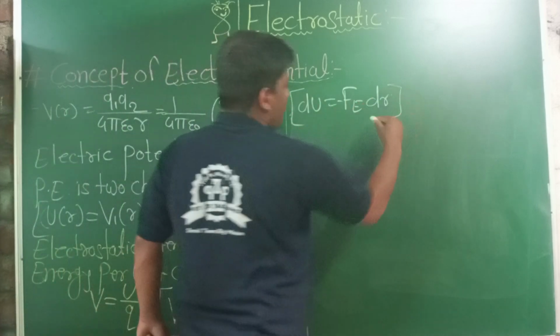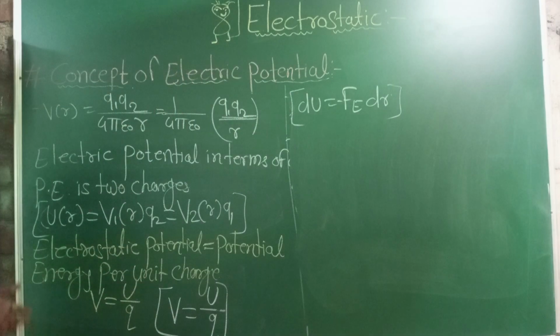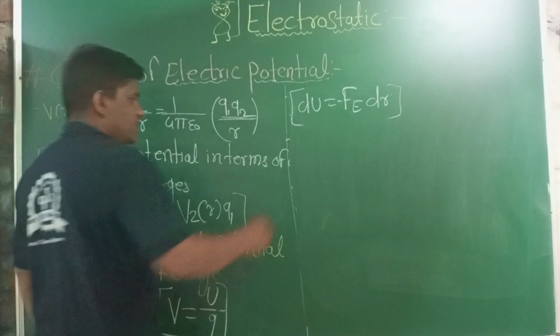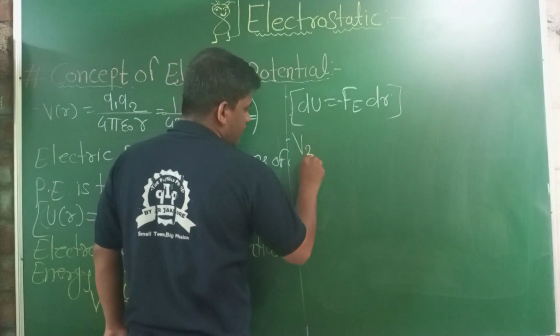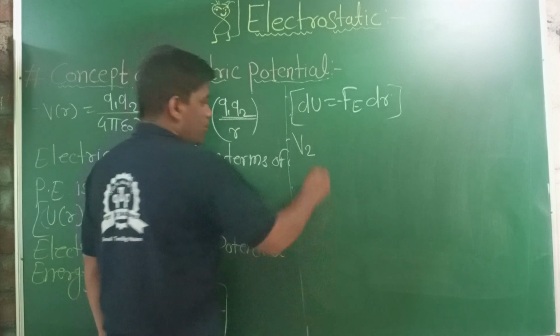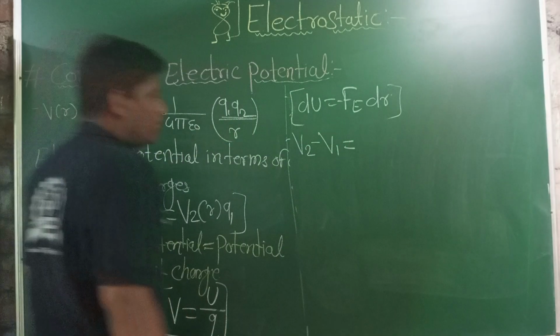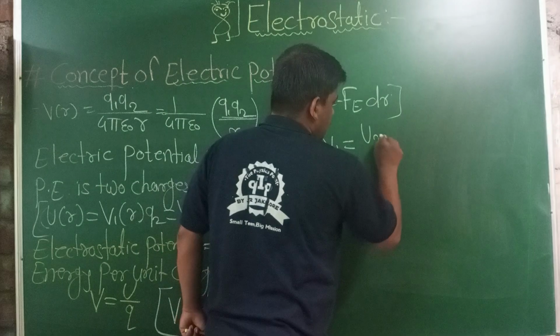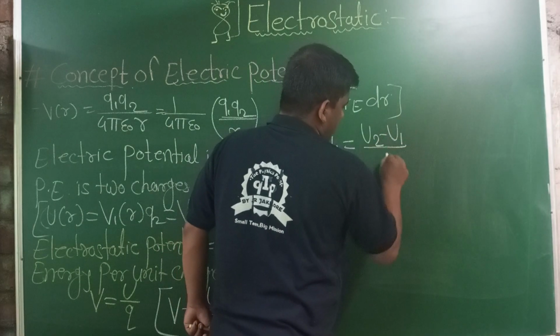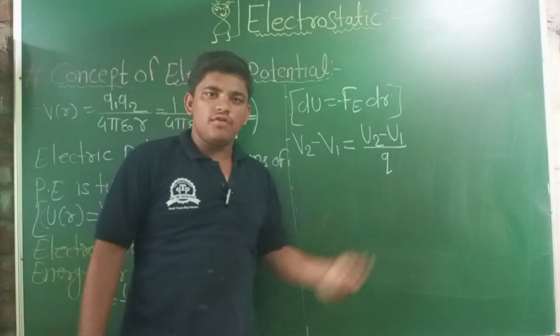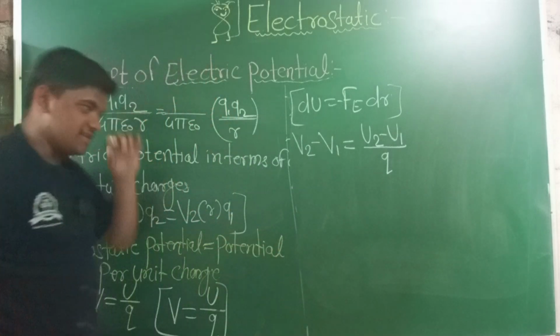With the reminder of the previous lectures, we again solve for the change in electric potential. The electric potential at point 2 minus the electric potential at point 1 is equal to U2 minus U1 divided by q, not q2 minus q1, because this is the unit charge, which does not change at different places.